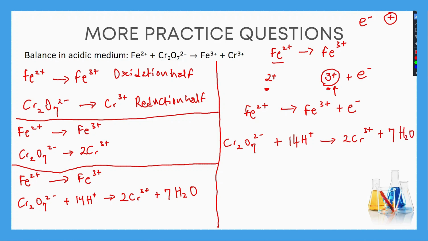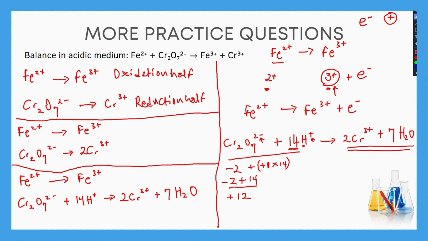Now, let's find out the charge on the left-hand side and on the right-hand side. On the left-hand side, you can see there is a charge here, minus 2, right? And on this side, there is a charge of plus 1, and there are 14 hydrogen ions that own that charge. So that becomes plus 1 times 14. This now becomes minus 2 plus 14, which gives us plus 12.